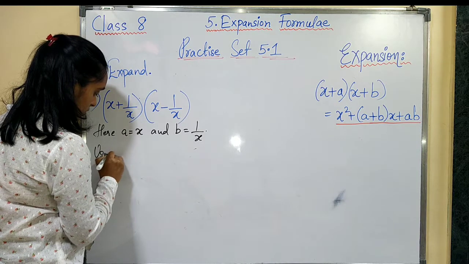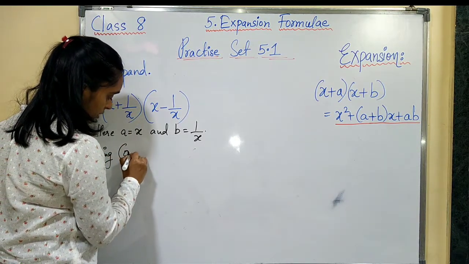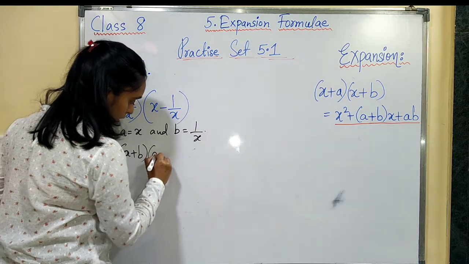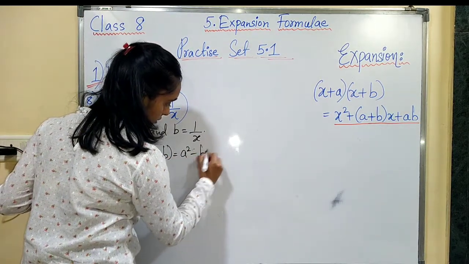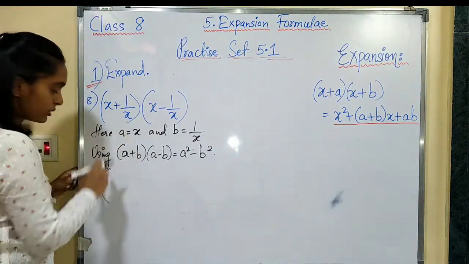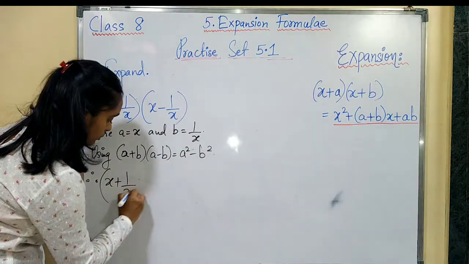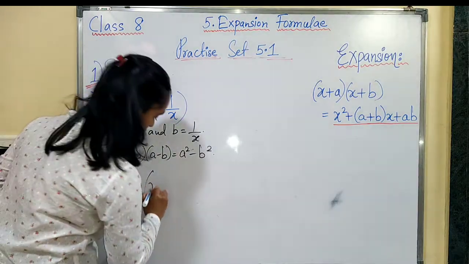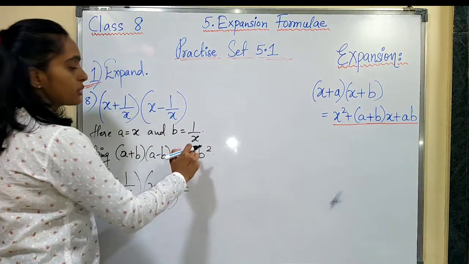So using the expansion (a plus b)(a minus b) is equals to a square minus b square, this will become (x plus 1 upon x)(x minus 1 upon x) equals a square minus b square.